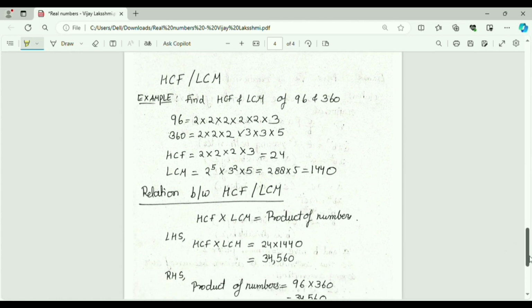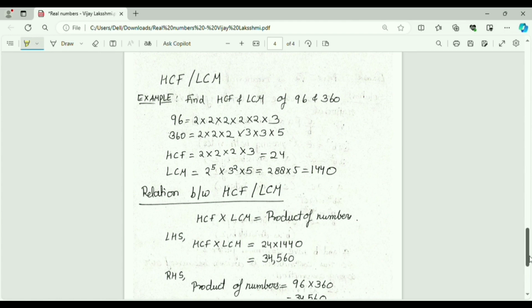Our next type of question is to find HCF and LCM of composite numbers. We'll apply the method of prime factorization and find the primes which form as a product of the given composite number.